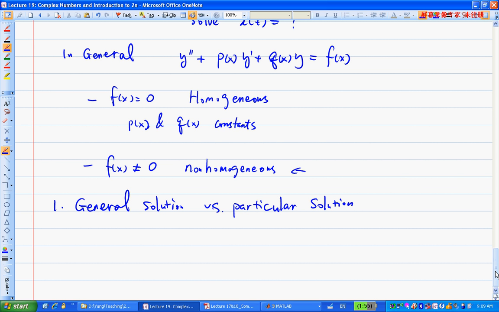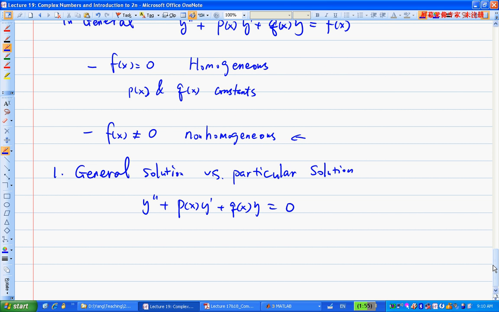Particular is just particular; it only suits this situation here. General satisfies every different scenario. And we're going to look at this first simple case, using this one as an example.